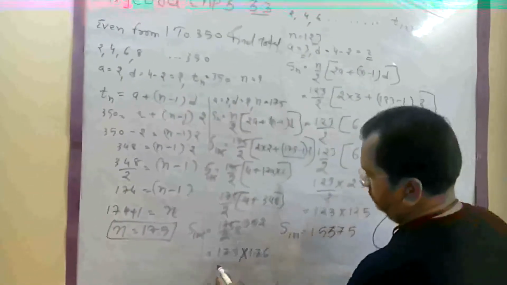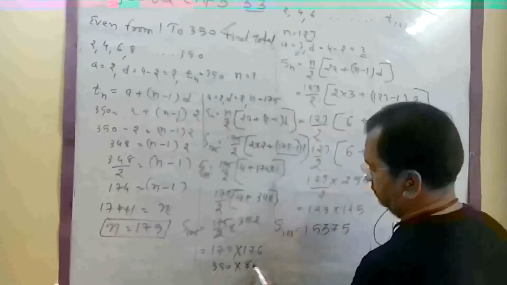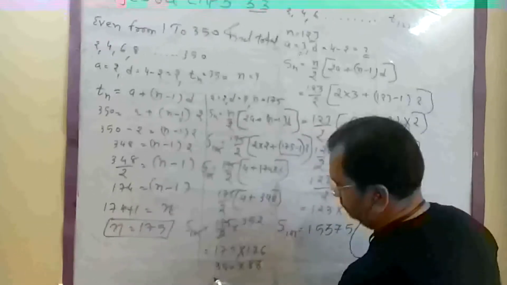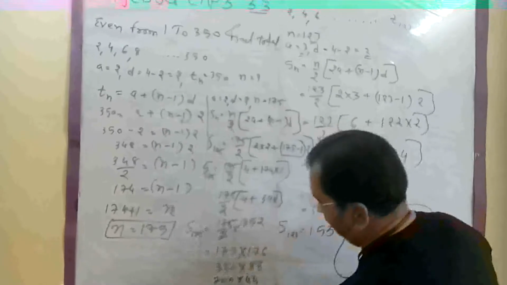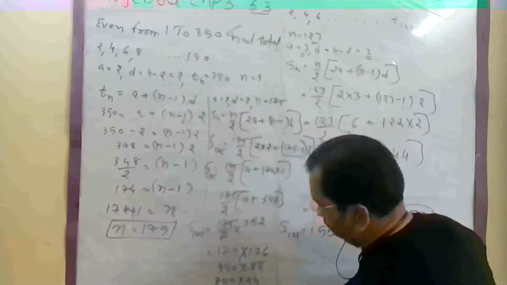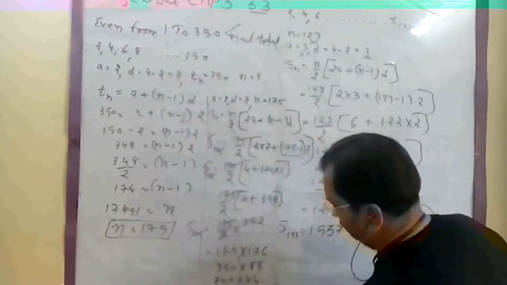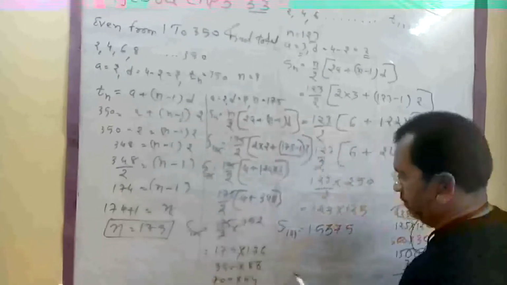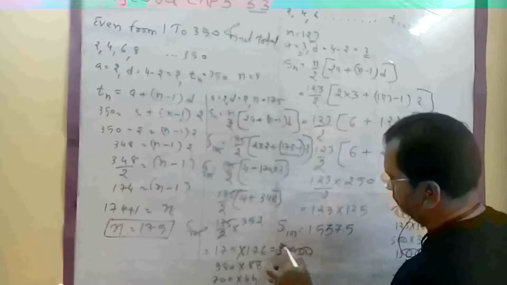Make it double, make it half. Again make it double, make it half. Again make it double, make it half. Again make it double. Now very easy: 0, 0, 8, 0, 3. So the final value is 30800.